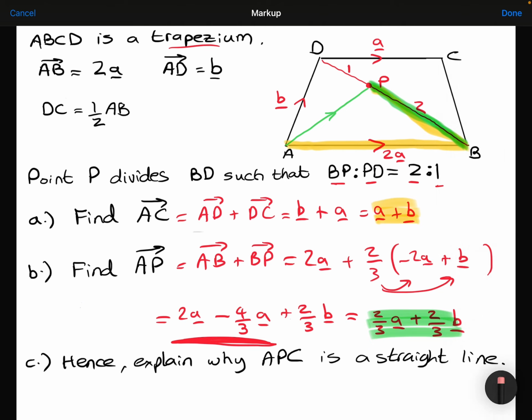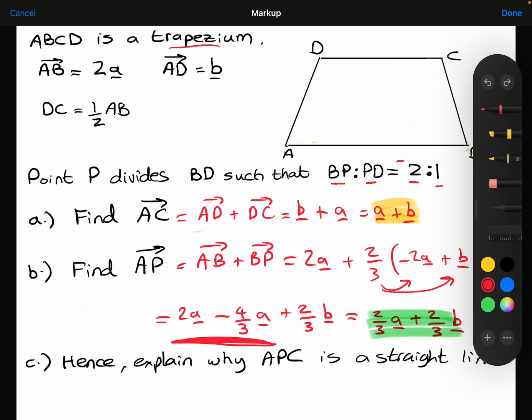Now, part c of the question says, hence, so using what I've just done, I need to explain why it is that APC is a straight line. Well, what do we notice about what we've done?